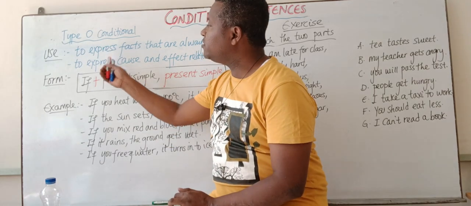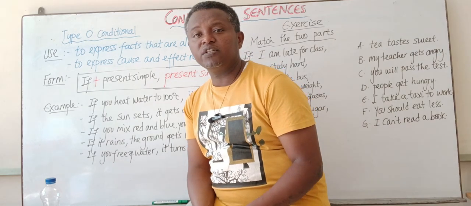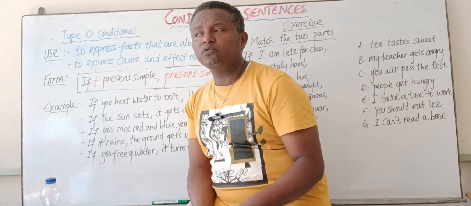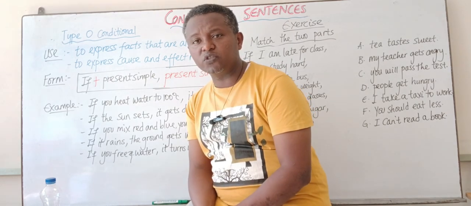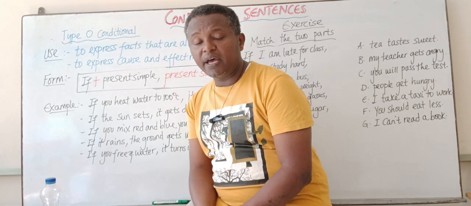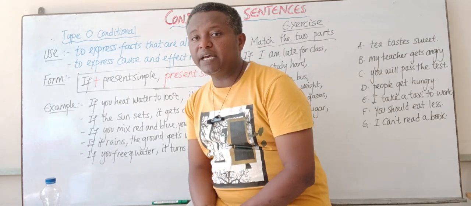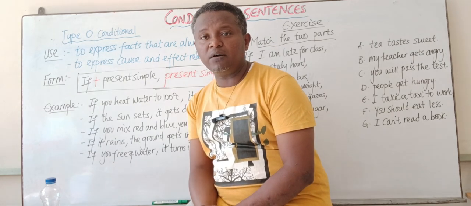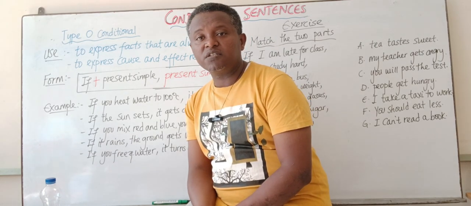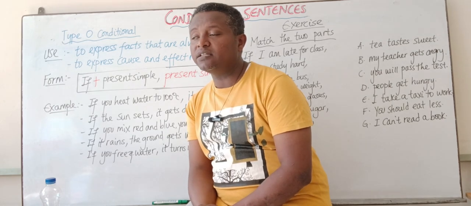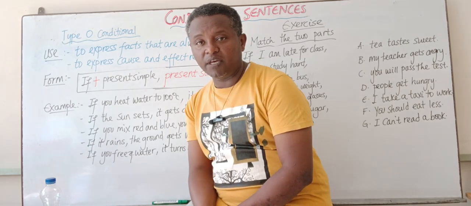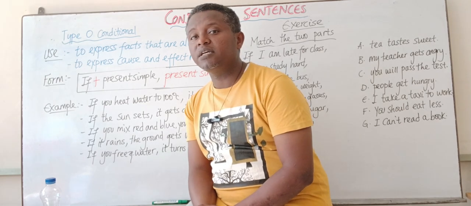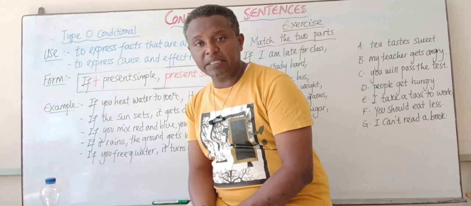So in the use of conditional type 0 to express general truths or facts, I am sure your mind takes you back to one tense which we use to talk about general truths and facts. Yes, you are right. Hopefully you have guessed that this tense is the present simple tense.